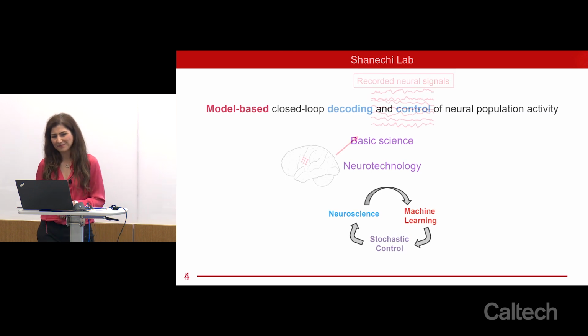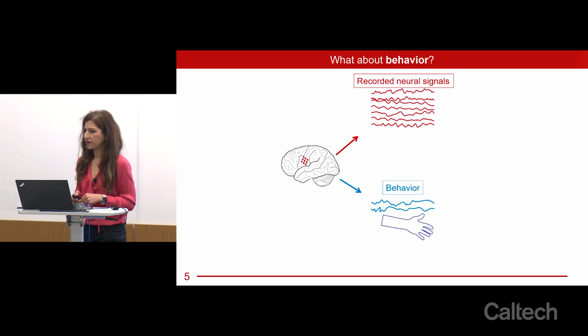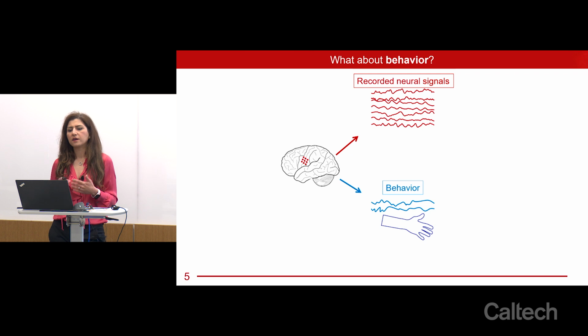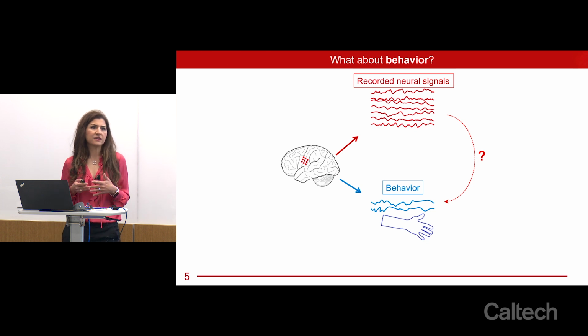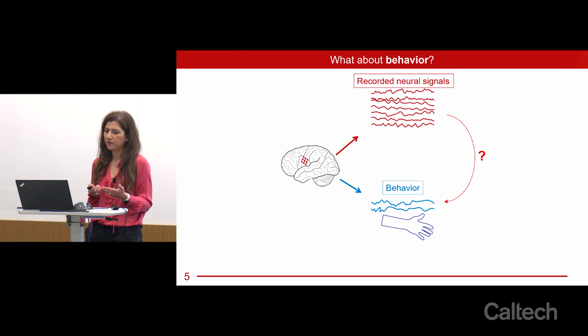Let's get started. So first, what about behavior? Why is it important to add behavior into the mix? Now, in a lot of investigations, what we are really interested in is to understand those neural dynamics that underlie specific behavior, let's say arm movements.